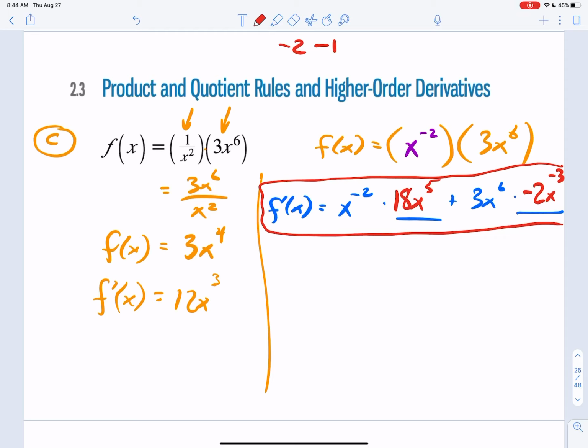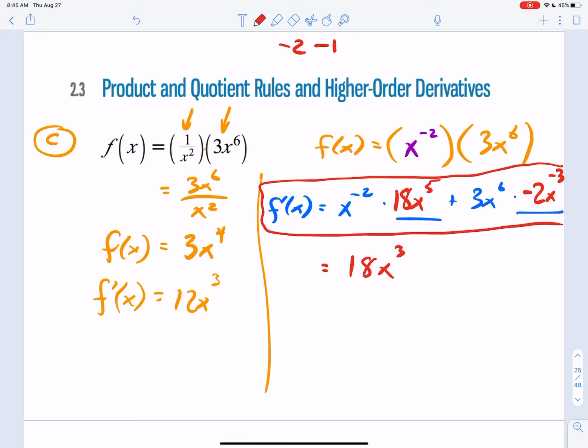Generally, my rule is if it's simple enough to simplify, then just do it. If it looks super complicated, leave it. Okay, so in this case, we could definitely simplify this just to show you. This is going to be 18x to the third power.